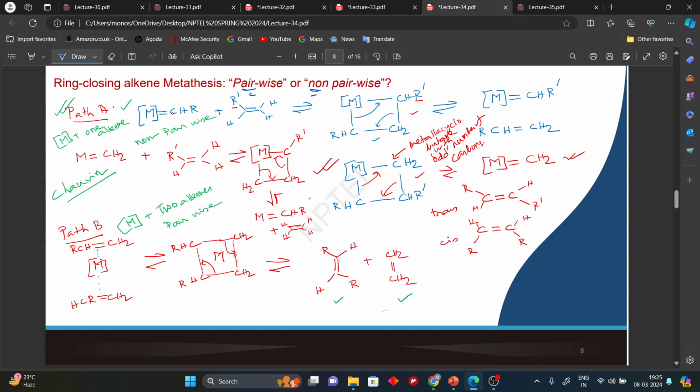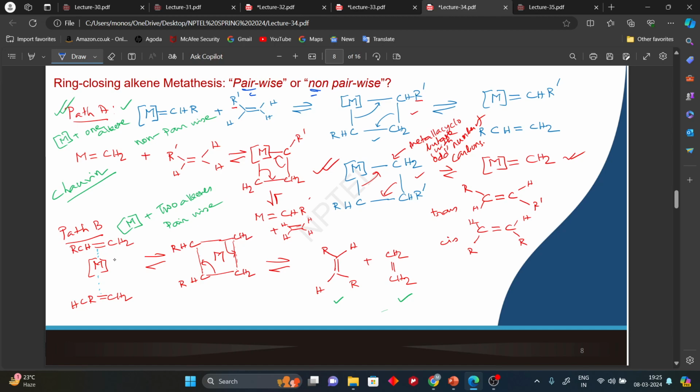First, if activation is there, this is the non-pairwise pathway, and first one of the olefins is activated like this, and then it reacts with another and forms this kind of system, followed by ring opening here. We can say briefly these two products are generated.